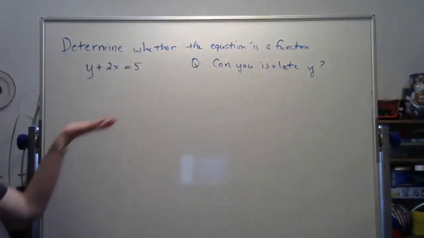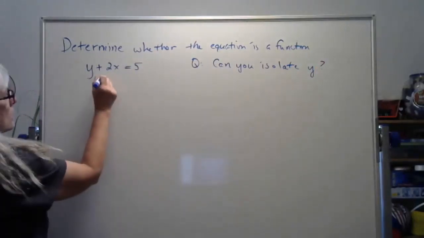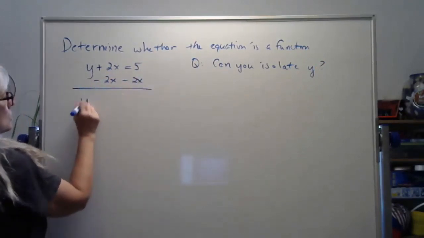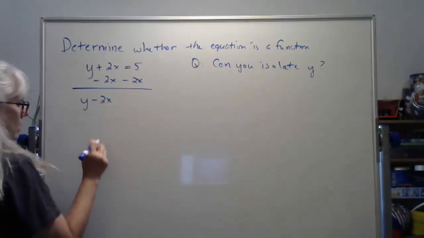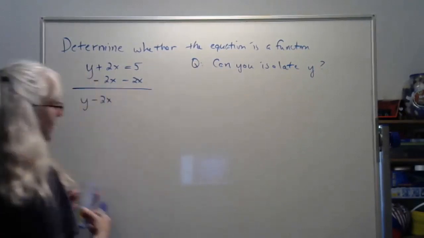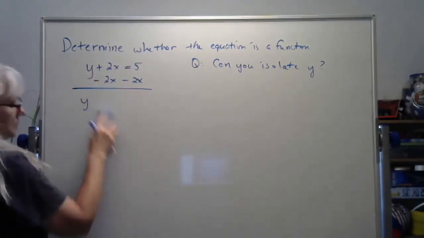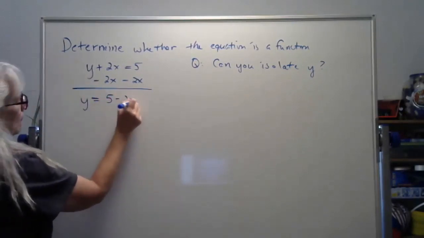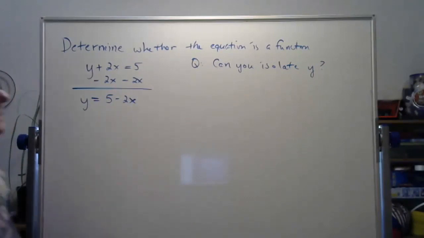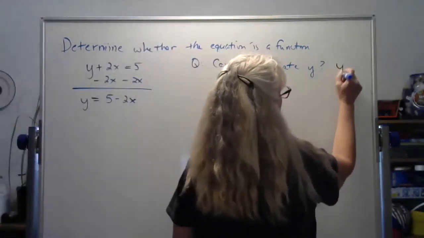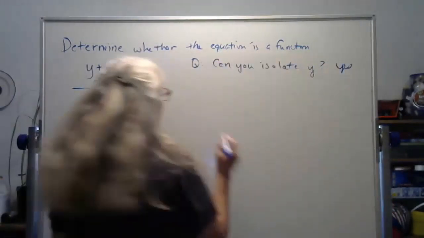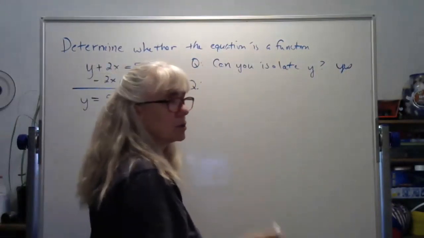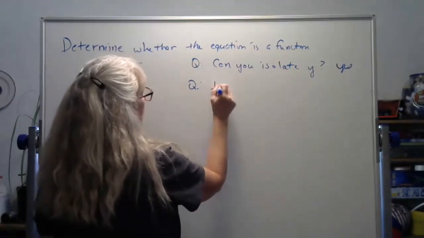In other words, can you get the y by itself? Well, in this case, that's a definite yes, because all I have to do is move the 2x over and I would have the y by itself. So y equals, let me try that again, 5 minus 2x. So that's a yes. The second question is, if you give one input, do you get one output?